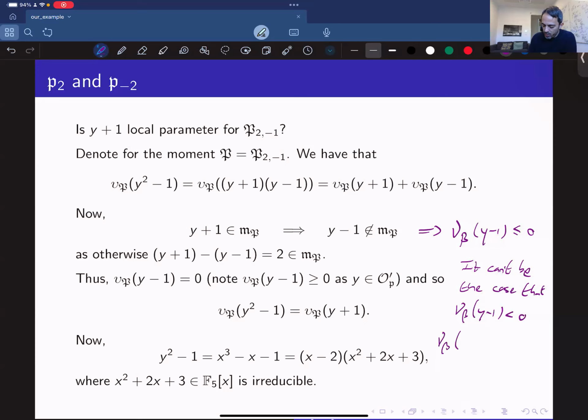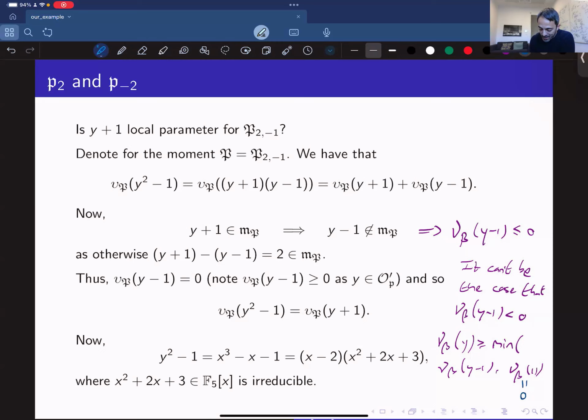Because VP of y is at least the minimum between VP of y minus 1 and VP of 1, the usual trick of writing this as this plus that. Now, VP of 1, of course, is 0. 1 has no zeros and no poles anywhere.